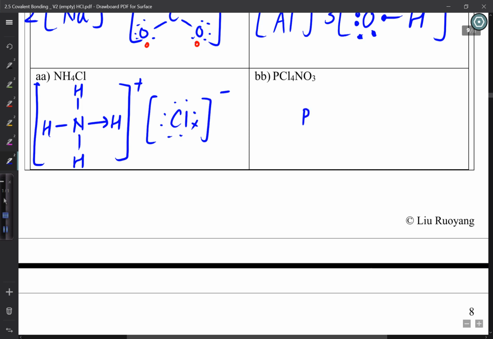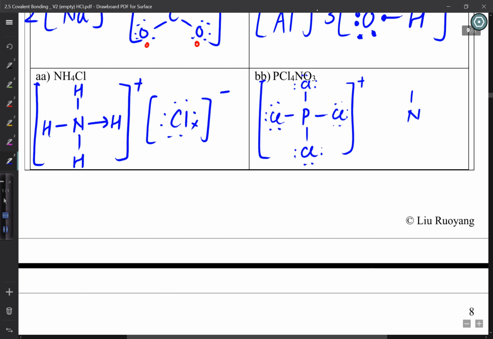So the last one, PCl4NO3. In the previous page, I made you draw PCl4 plus, so you know that PCl4 plus has this structure. You just have to fill in the lone pairs on the Cls. And then you have NO3 minus. How did you draw NO3 minus previously?